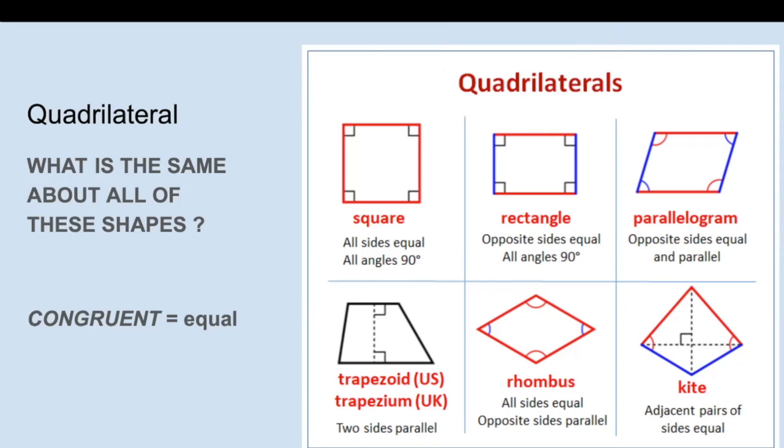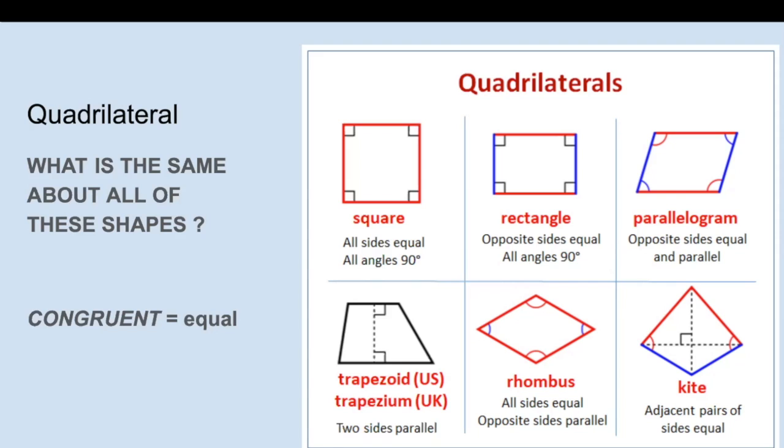I think it's Kavi and Dylan were talking about sets of parallel lines. When we're talking about sets of parallel lines, we're talking about congruent, equal lines. So when we use the word congruent, just think of that word meaning equal, okay? So that is a mathematic term.